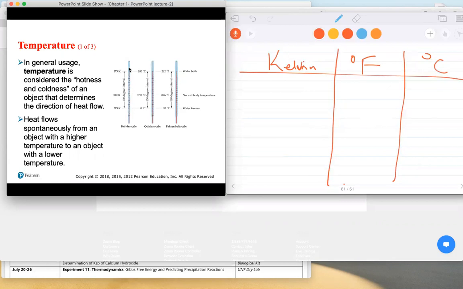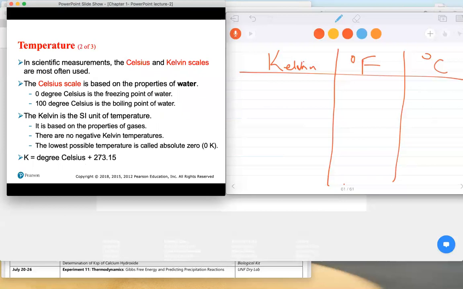We don't have the degree symbol for the Kelvin scale. Temperature can be expressed in any of those units.